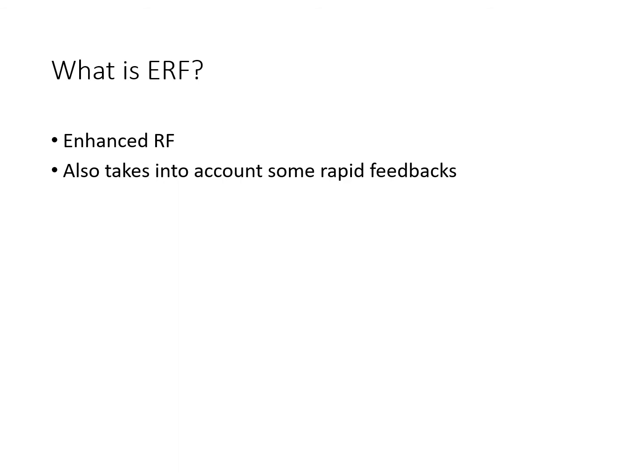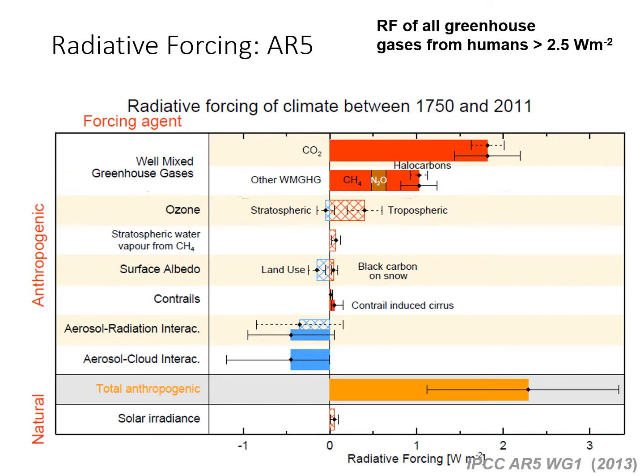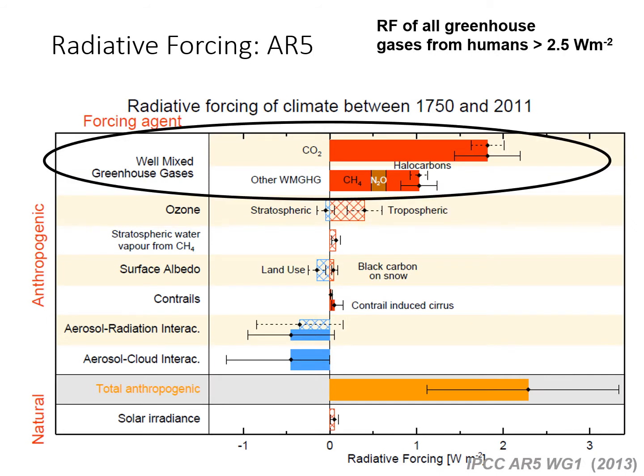In the 2013 IPCC report, scientists recognized the importance of feedbacks and came up with the idea of an enhanced radiative forcing. These enhanced radiative forcings, or ERFs, also take into account some of the very rapid feedbacks. Recognizing the importance of feedbacks, the IPCC tried to incorporate feedbacks into their analysis of radiative forcing.